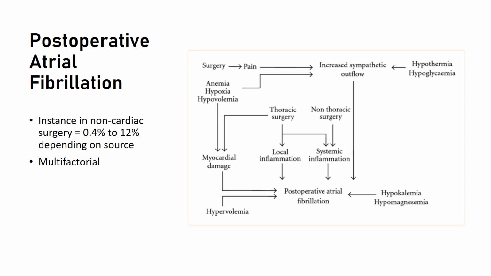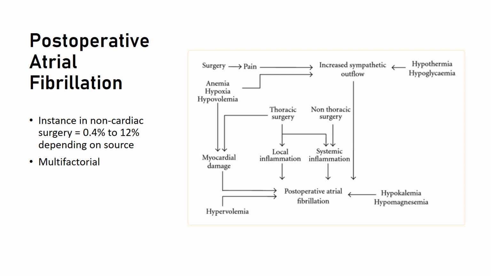This pain leads to increased sympathetic outflow, which can cause atrial fibrillation in and of itself, increased sympathetics. Other factors that are common during surgery can contribute to this, so being cold, hypoglycemia, being anemic, being hypoxic. This can often sensitize the myocardium and make atrial fibrillation more common.